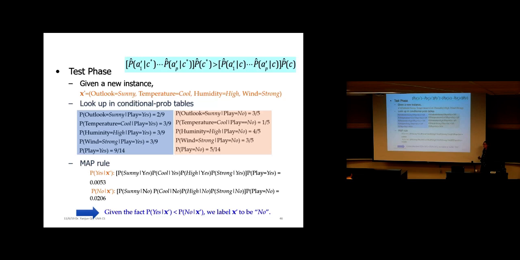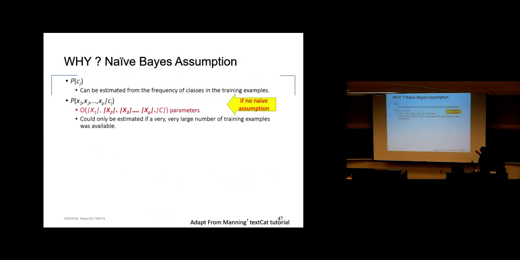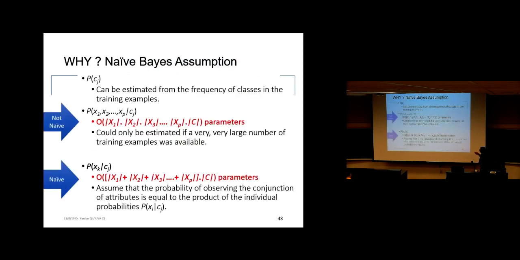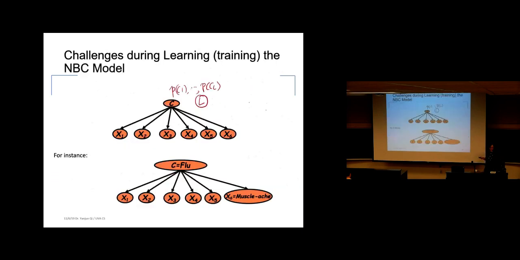I think we're pretty good because I already covered that without the assumption you have 2 to the p, with the assumption you have 2p times L. This is linear in the number of parameters, while this is exponential, which of course is not scalable to large p.